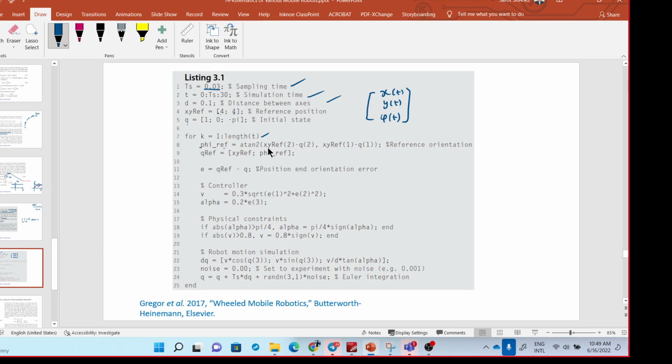So this one is arctan of y ref minus y of 0, I think. Yeah, at initial time y of t is y0 actually.